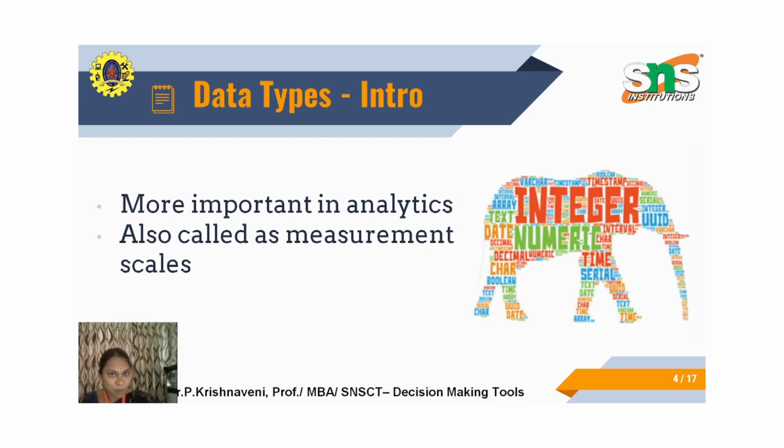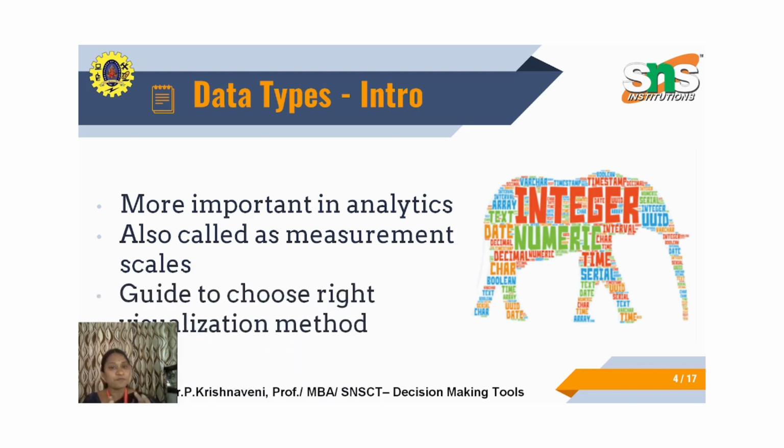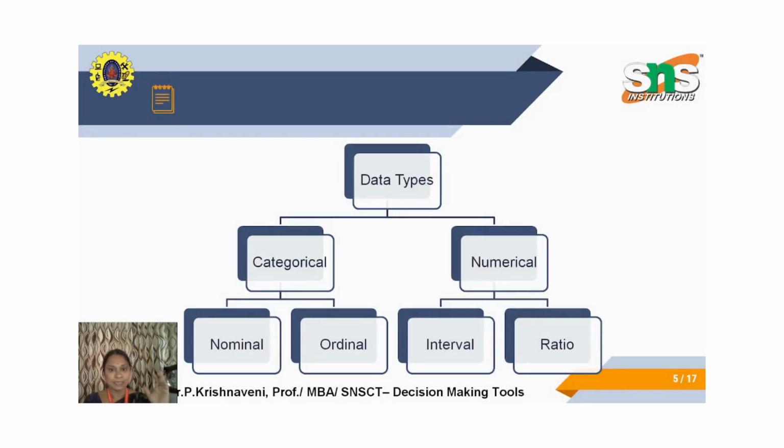More important are the marks obtained by the students, and also which gender performed well, so that a base can be created. Marks are a number, so what kind of data it is and how to treat it, all these things to be specified here, we call measurement scales. This is very important for selecting the visualization method as well as for making our decision correctly.